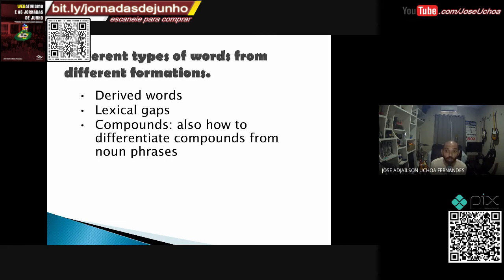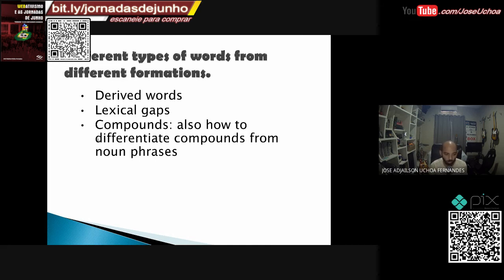O que é uma phrase? Phrase is word plus word. Example of noun phrase: the handsome man. The handsome man, o núcleo é man, é um noun, né?